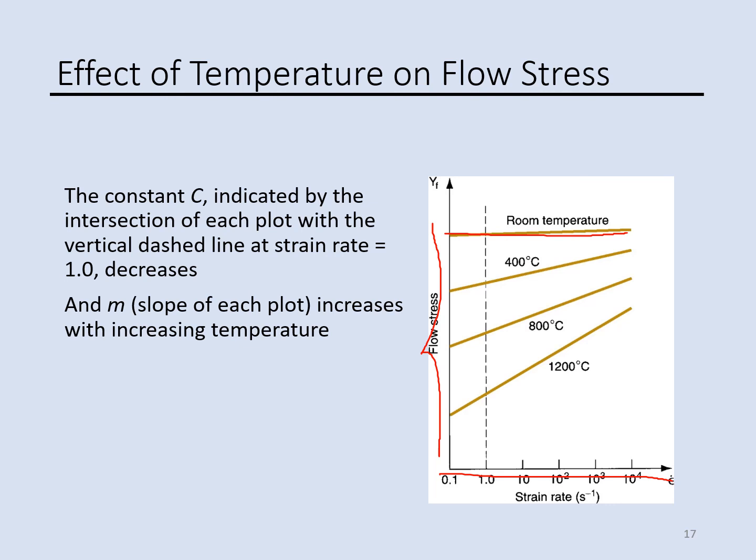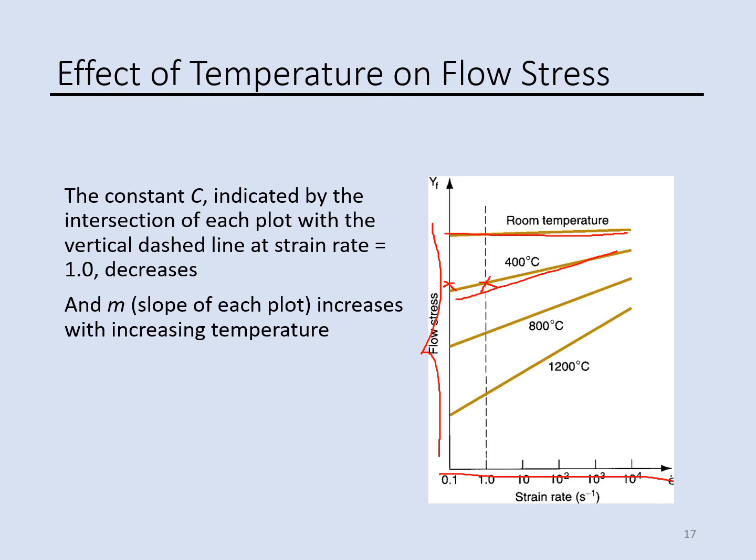But as we go to a higher temperature, for example 400 degrees Celsius, we were working at that temperature. So temperature is high, but if you change the strain rate, if you work, for example, here at one strain rate, you see you have this flow stress.